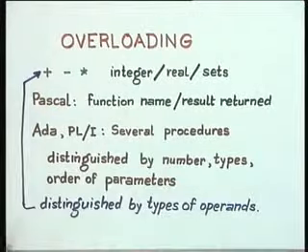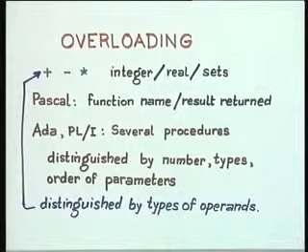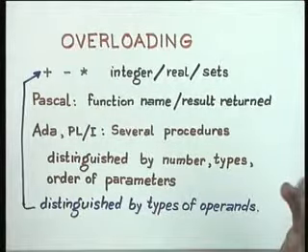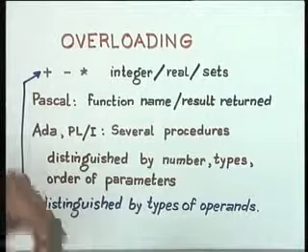For example, in languages like Ada, you can have the same name bindings representing different objects which are distinguished just by something simple like the types of parameters.